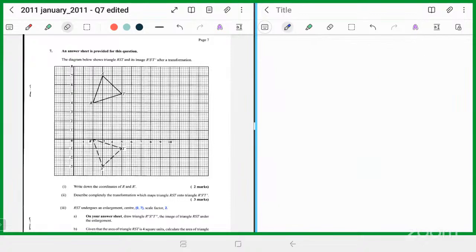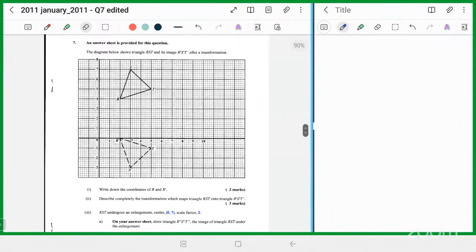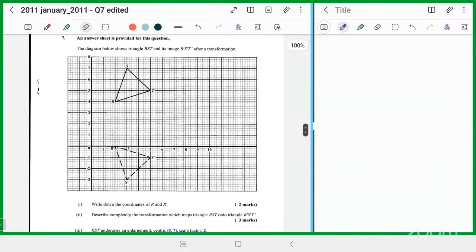All right, this transformation question. Let's look at it. It says, the diagram below shows triangle RST, which is this one, and its image R prime, S prime, T prime after a transformation. So this transforms to that.